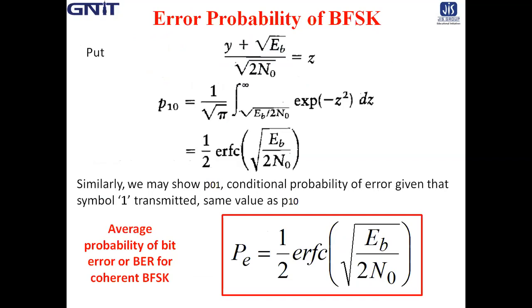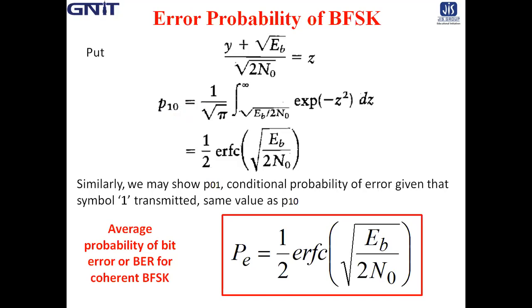Now after putting this and calculating the integration part, and changing the limit of the integration, we have found that P10 equal to 1 by root over pi into integration, where the lower limit is square root of EB by 2n0 to infinity as the upper limit, of e to the power minus z square dz.